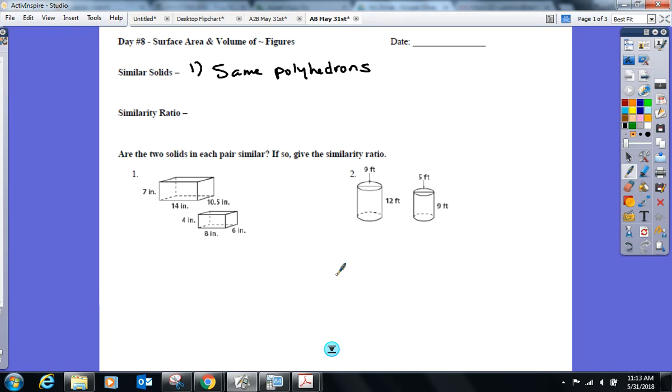I could be making that up, because I know poly means multiple. Two or more edges. Okay. And also, and you guys know this from all the time we've talked about similar figures, corresponding lengths are in the same ratio.